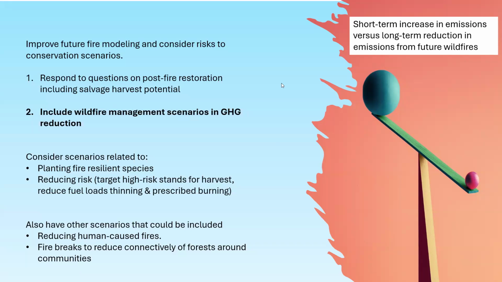And reducing risk could be targeting high-risk stands for harvest. It could be reducing the fuel loads, either through thinning and prescribed burning or prescribed burning alone. And there's also other scenarios that we haven't included because they don't fit our model very well. But it's looking at reducing human-caused fires and fire breaks around communities to reduce the connectivity of forests. Those are interesting scenarios, but we focused on the planting fire-resilient species and reducing risk.